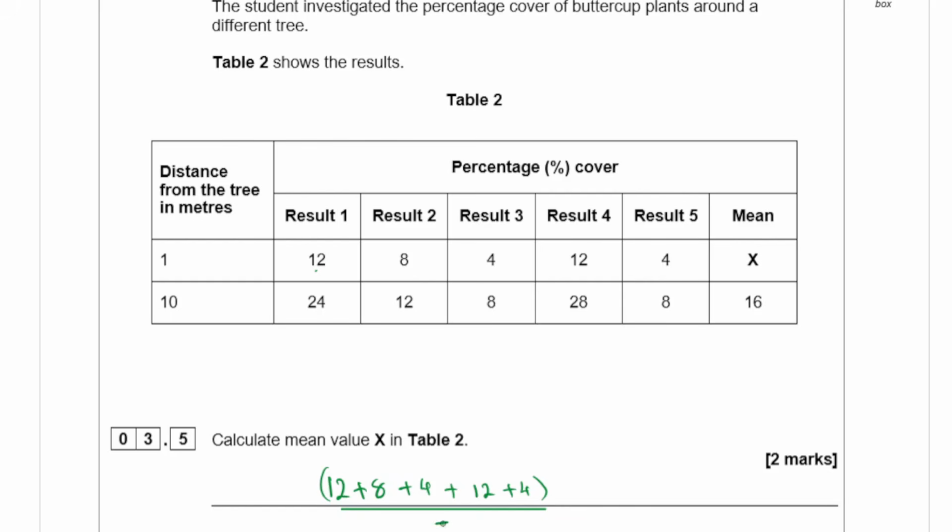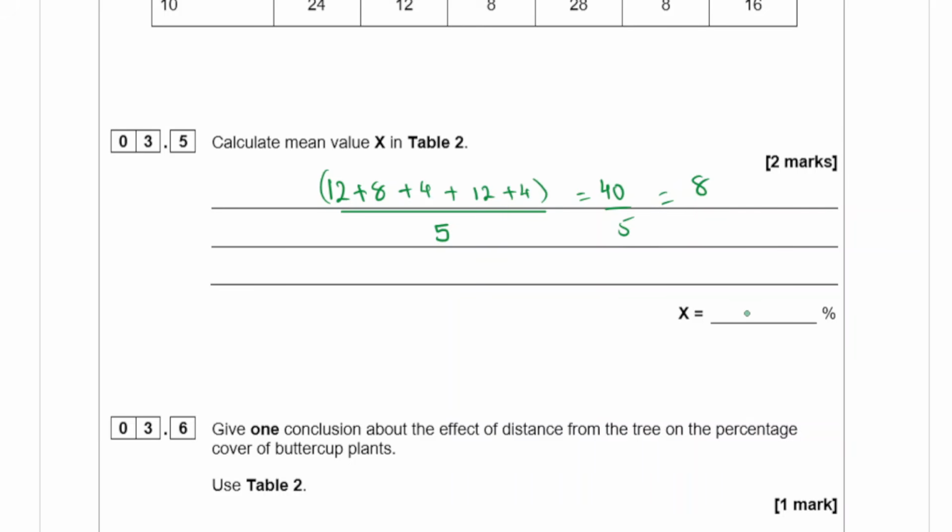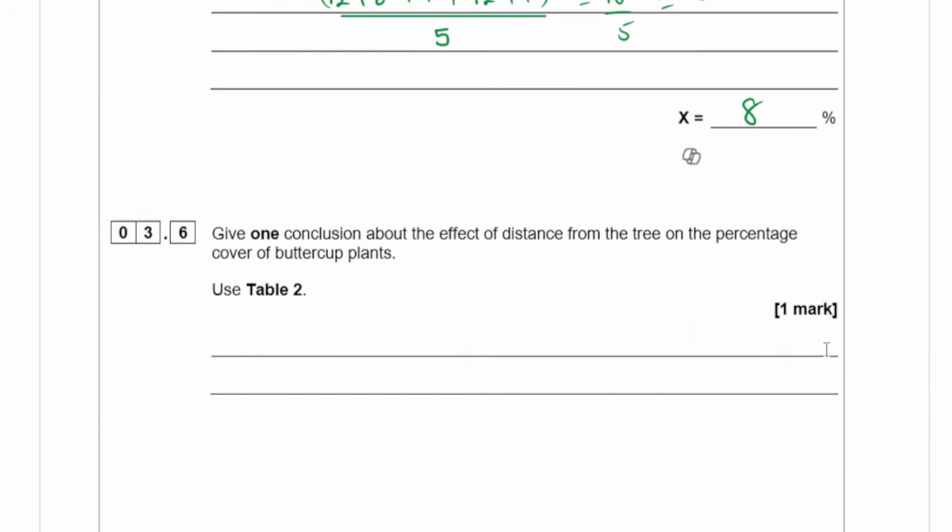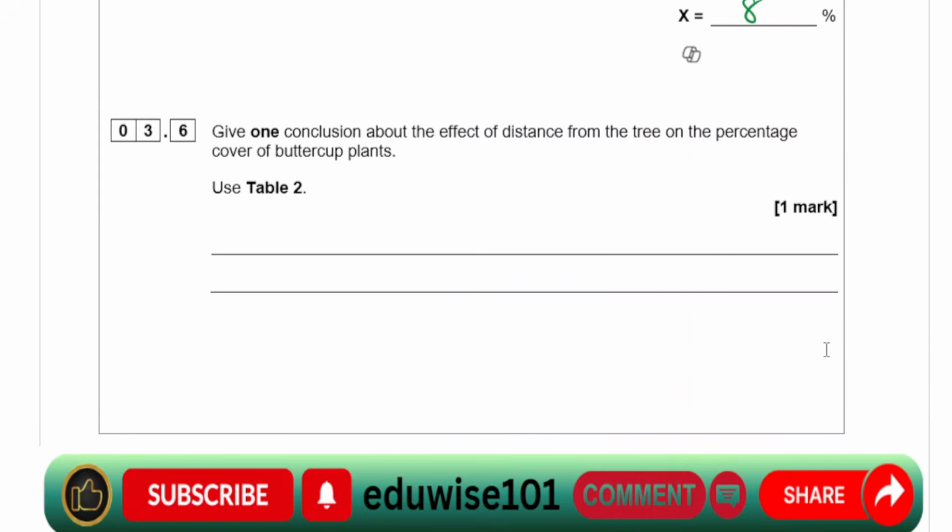Number of values is 5. That gives me 40 over 5, which is 8. 8%.